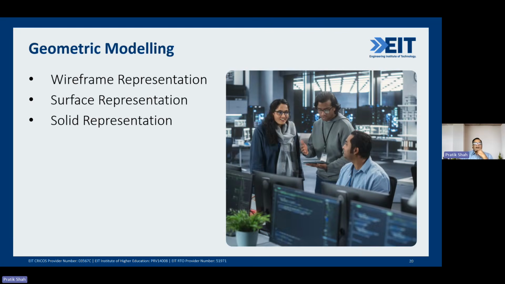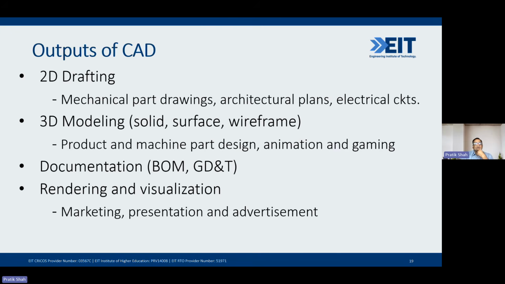So moving ahead, I will be talking more about the 3D modeling part. We won't be touching the 2D drafting and the rest, just because 3D modeling is widely used nowadays in order to convert a design into a usable product, or to have it ready to manufacture.